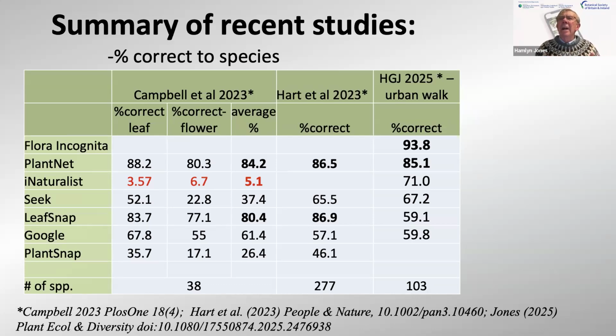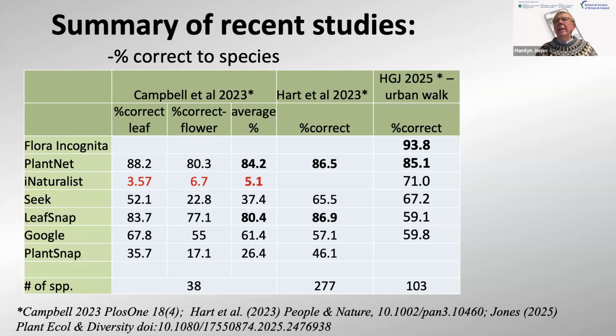Tests that have been done, Hart et al. is the one which has done the largest scale testing of any paper. And again, they found PlantNet and LeafSnap to be doing particularly well, but they didn't look at iNaturalist and they didn't look at Flora Incognita.